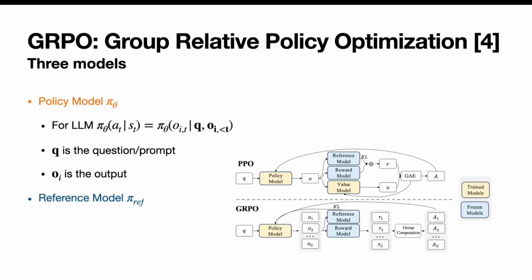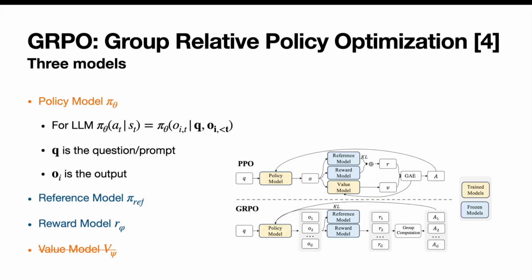The second is the reference model pi ref, a frozen copy of the model before RL training, used to anchor the KL penalty. The third is the reward model r_phi, the model we trained earlier, which scores complete answers.